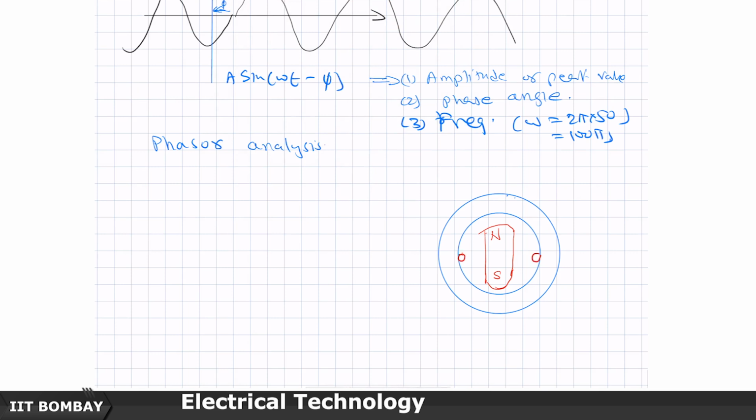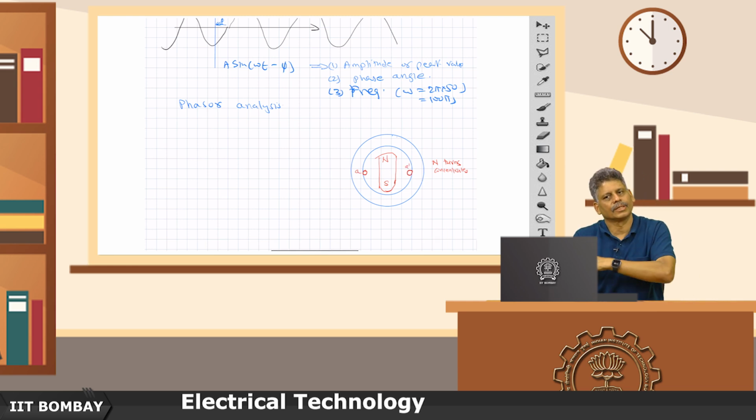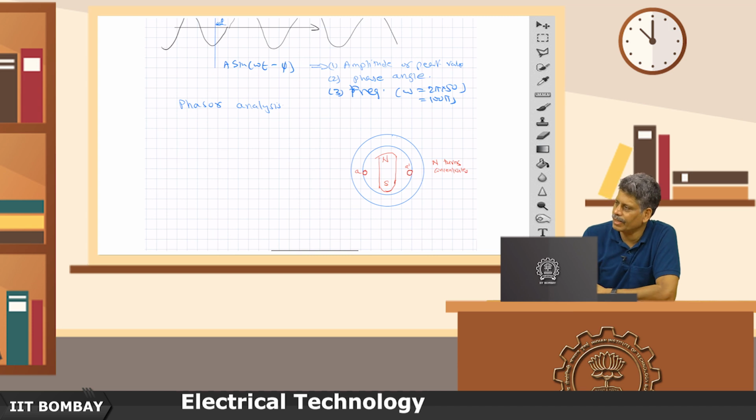But let us say that this is one turn coil, one turn means you can even have n turns here, but concentrated, a concentrated coil here. Since there is only A phase, let us call this A dash. Right now I am only looking at single phase, 3 phase we will come to a bit later on, and this is the way the flux lines will pass.